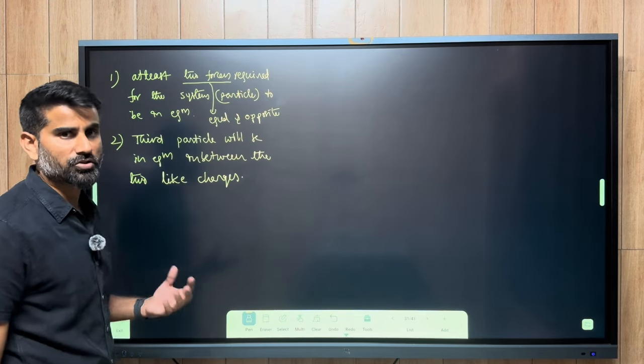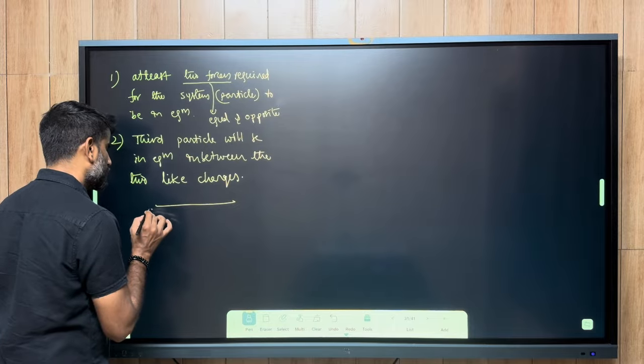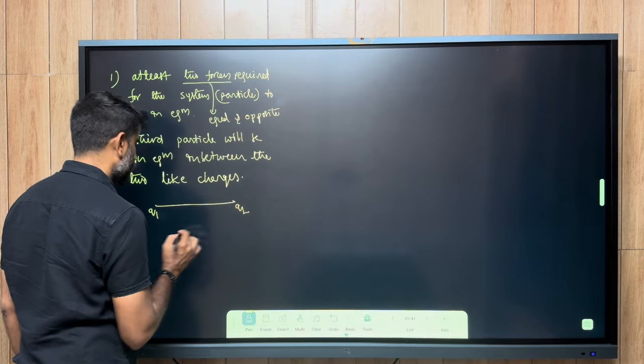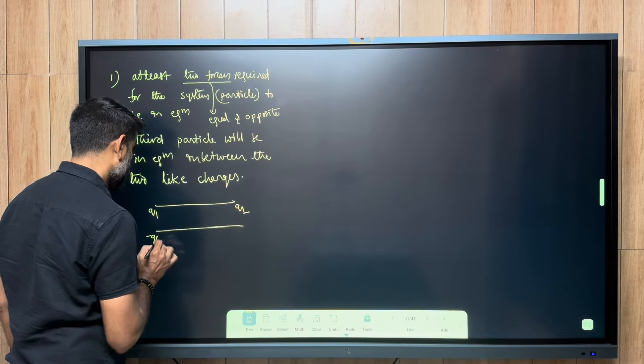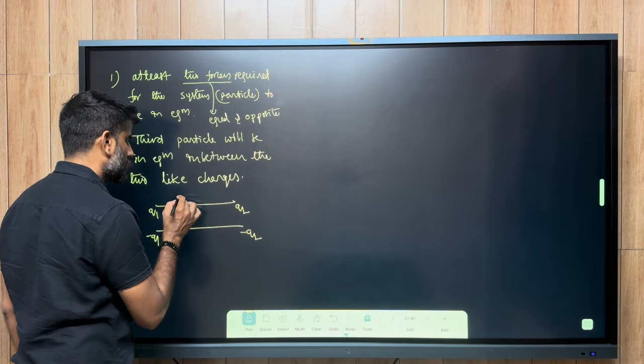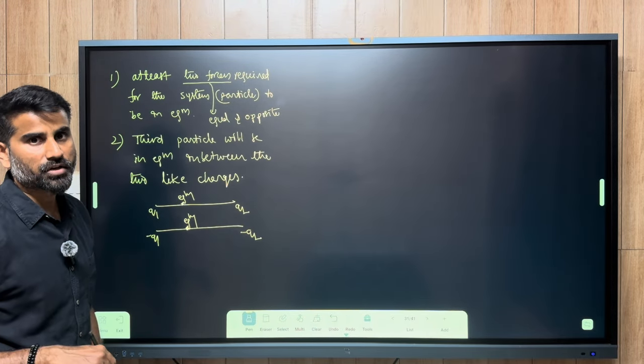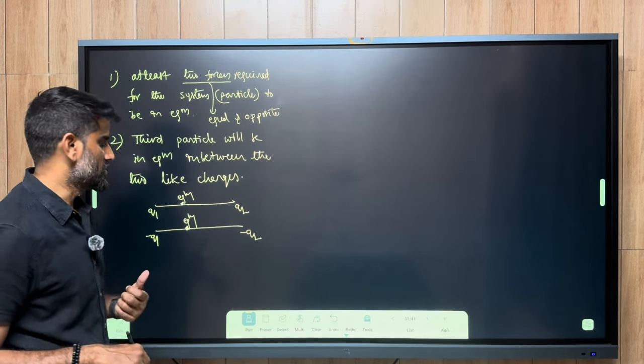Like charges in the sense positive or negative. I'm drawing the diagram here. If this is positive q1, positive q2, or negative q1, negative q2, then the equilibrium point will be observed in between the two charges.